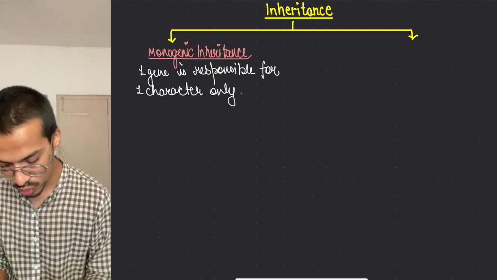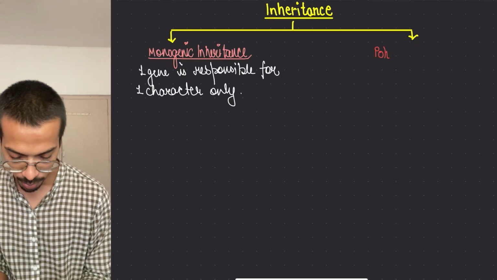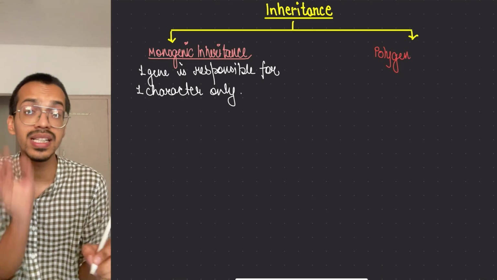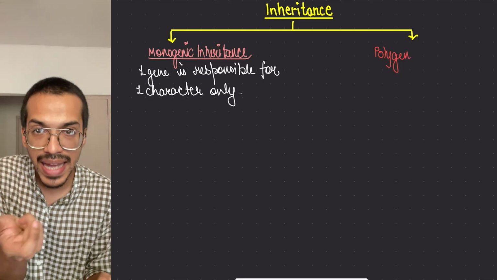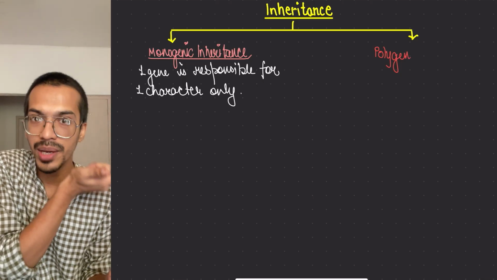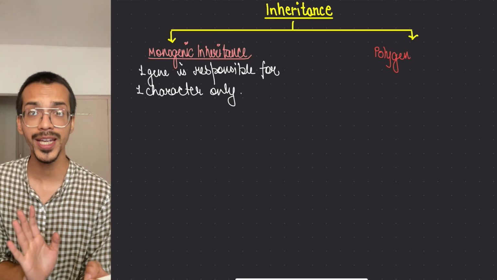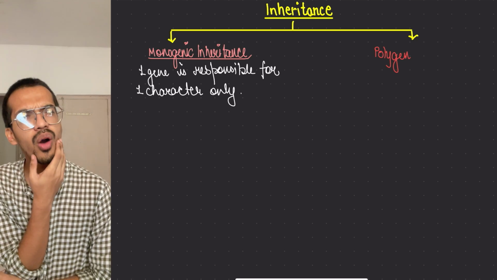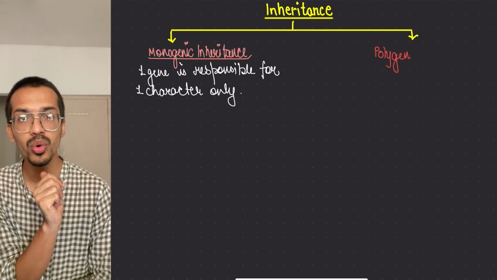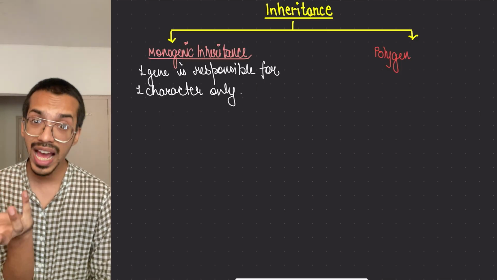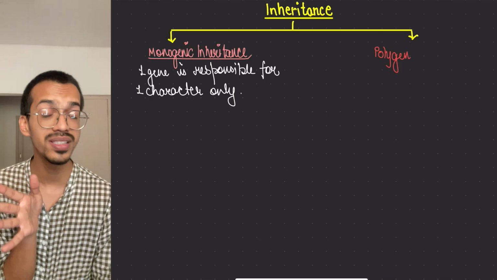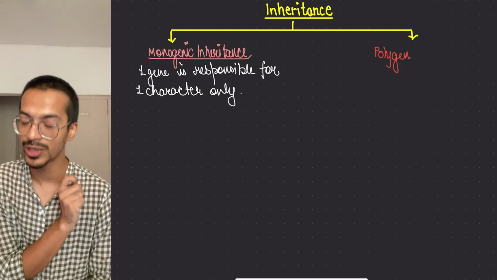Whereas another one is polygenic inheritance. Poly itself means many, many genes, and how they affect one character. Now you will ask, sir, how can one character be taken care of by more than one gene? It happens in humans, and we're going to study it.